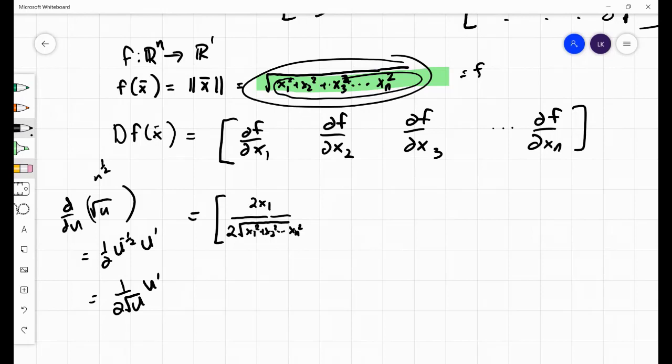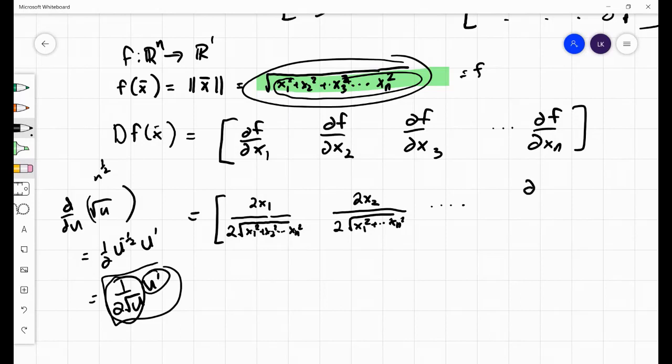Okay, and so I'm just using this rule, right? The derivative of the square root of something times the derivative of the thing we were taking the square root of. So if I do this with respect to x2, I would get 1 over 2 times the square root of, and then on top I get the derivative of the inside with respect to x2, and so on, right?